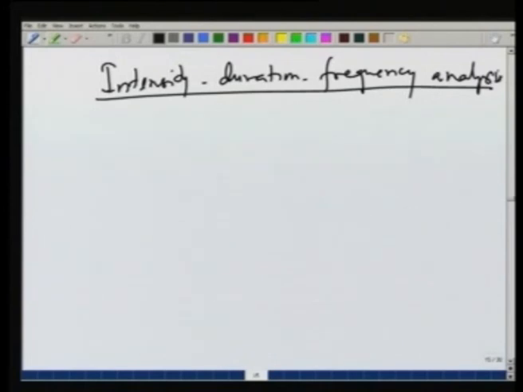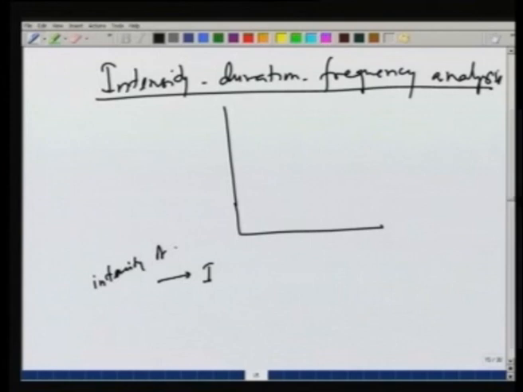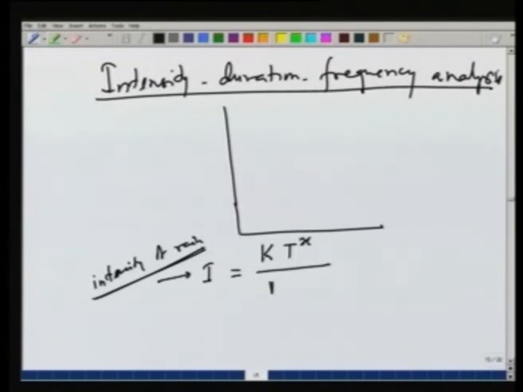Intensity, duration, frequency analysis means we draw curves which show how intense rainfalls are common. The equation which we typically use in this case, where suppose I is the intensity of rain. Now, as we cover larger and larger area, the return period of course affects the intensity.